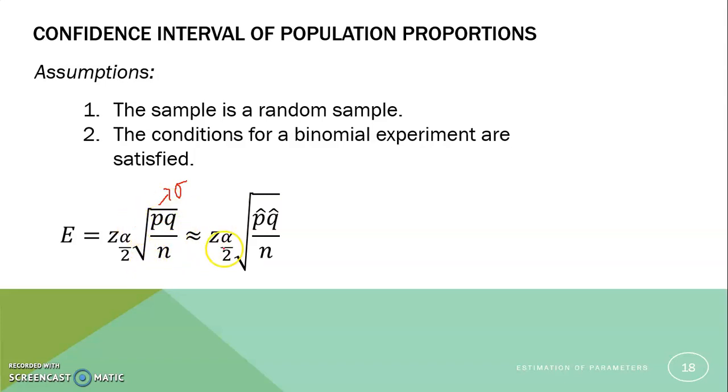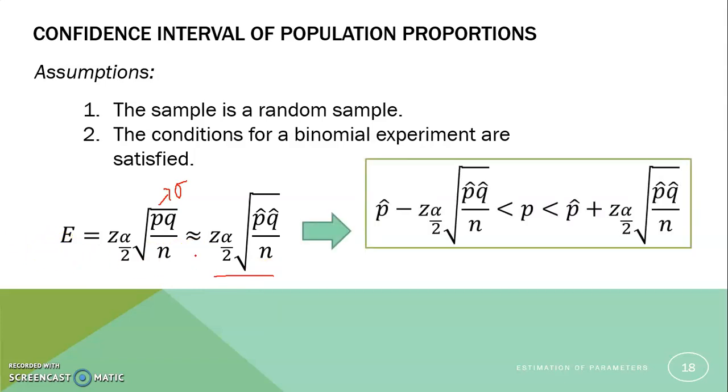So, it's also similar with Z alpha over 2 times the square root of the quantity P hat times Q hat all over N. This is the formula we will use for the error. In getting the interval, it is the same as I said earlier, similar in nature to getting a confidence interval for the population mean.